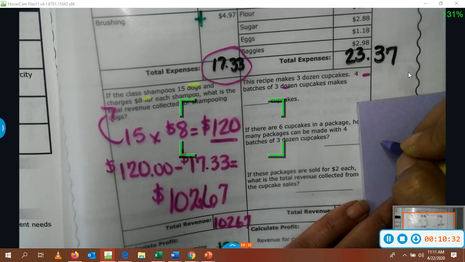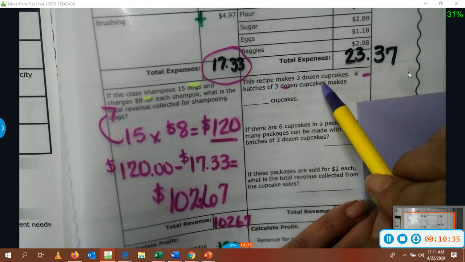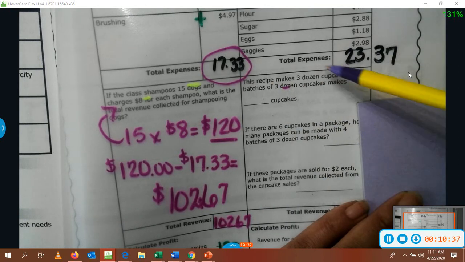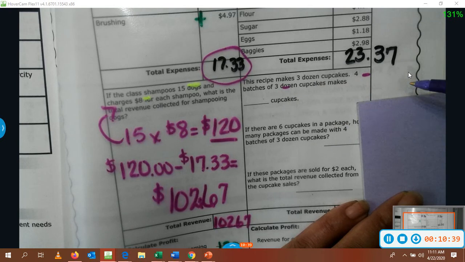So this recipe makes 3 dozen cupcakes. So 4 batches of 3 dozen cupcakes is how much? This makes 3 dozen, we want 4 batches of that.